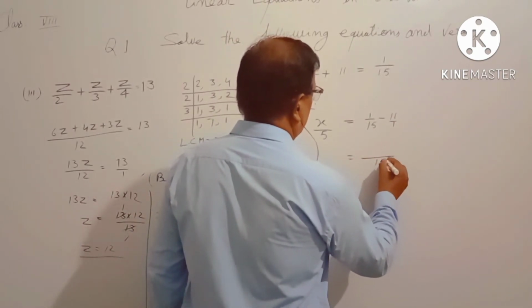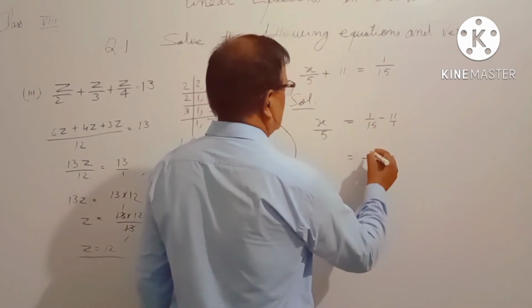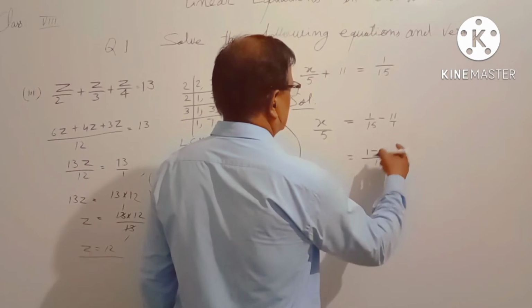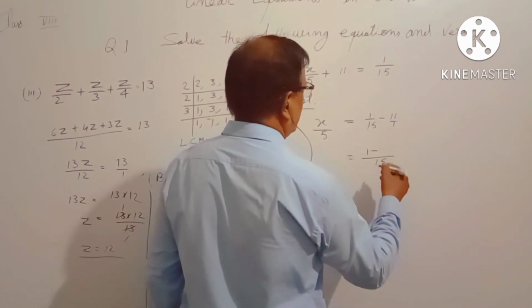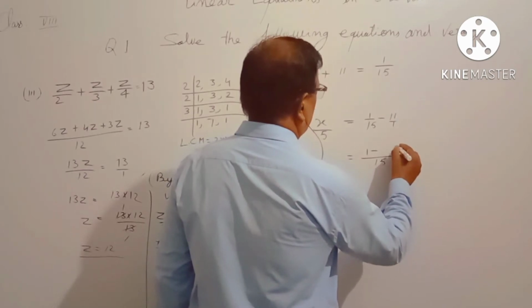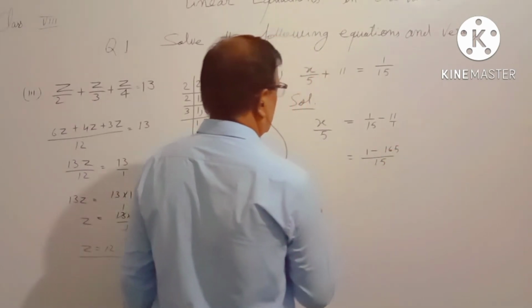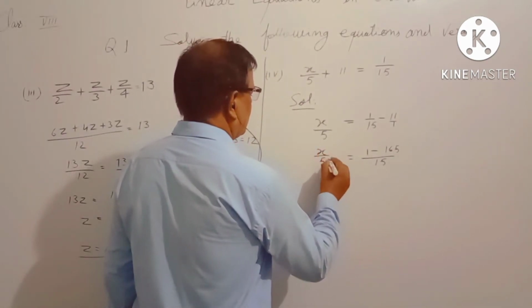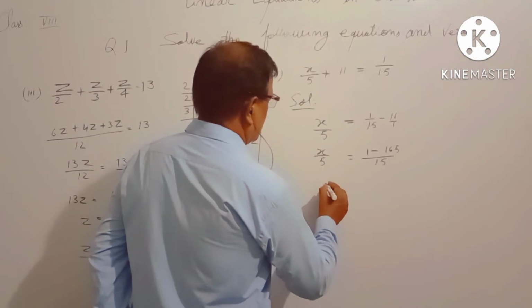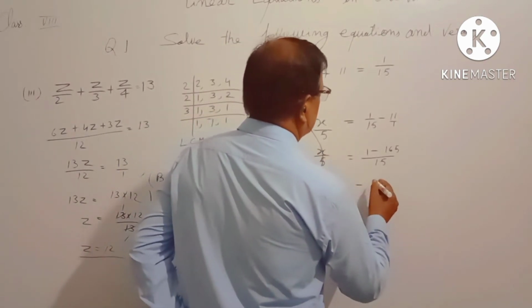It will be 15. 15 ones are 15 and 1 one is 1, minus 10. Then 15 into 11. 15 and 1 is 16.